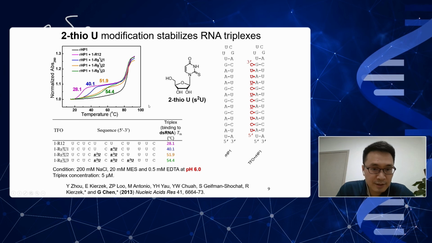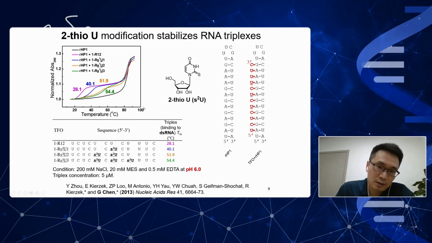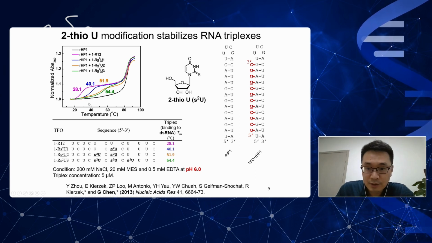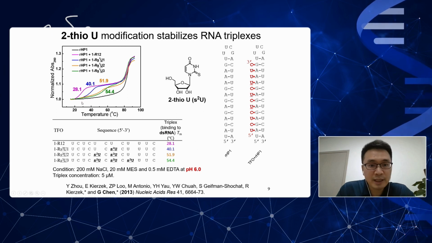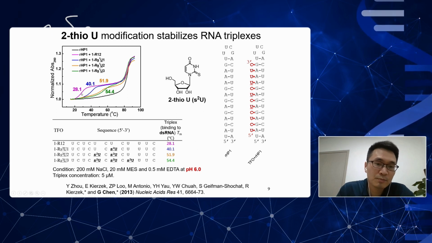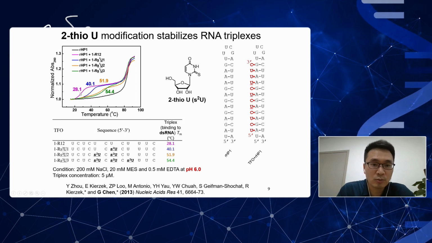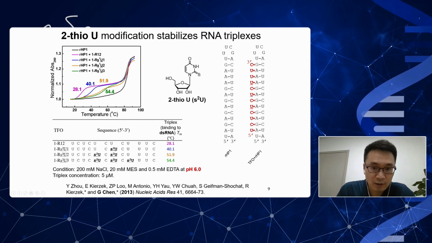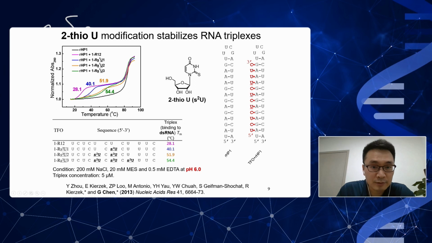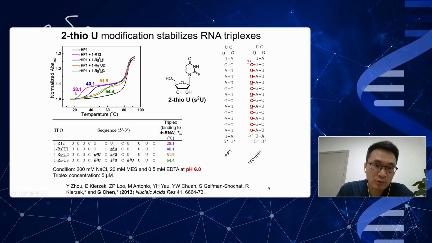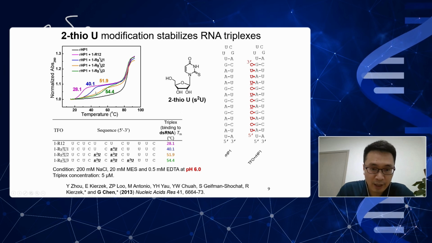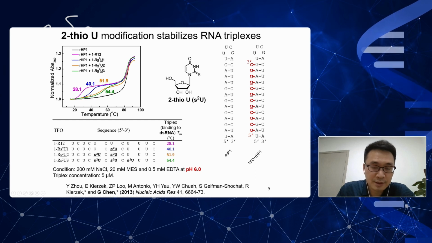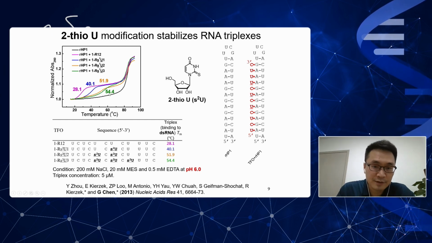As you can see in the top left figure, without any change of the TFO sequence, the Tm is quite low, below the human body temperature. The Tm is 28.1 degrees Celsius. By simply changing one atom of this TFO strand, the Tm is increased from 28 to 40 degrees Celsius. And by further replacing more U with 2-thio U, you can see the melting temperature increases further.